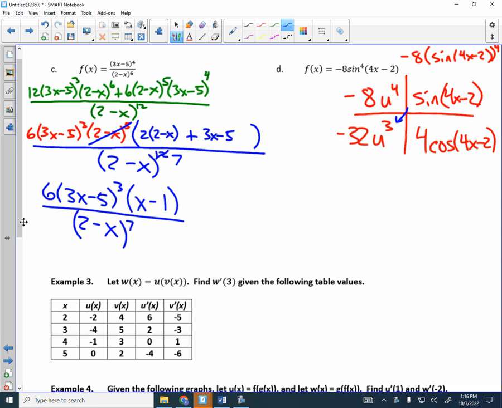So what's negative 32 times 4? Negative 128. Very good. I have u to the third. What is u? Sine of 4x minus 2 to the third, right? Cubed times cosine of 4x minus 2.